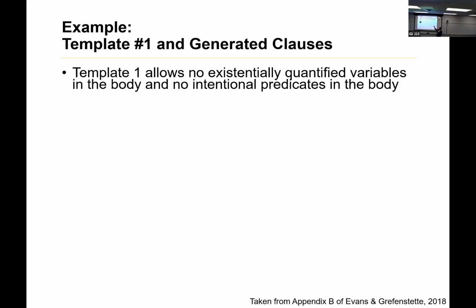So this template does not support rules that will be used after the first step of inference. It can't, because there's no intensional predicate in the body. In the notation from the paper, this is what it looks like.